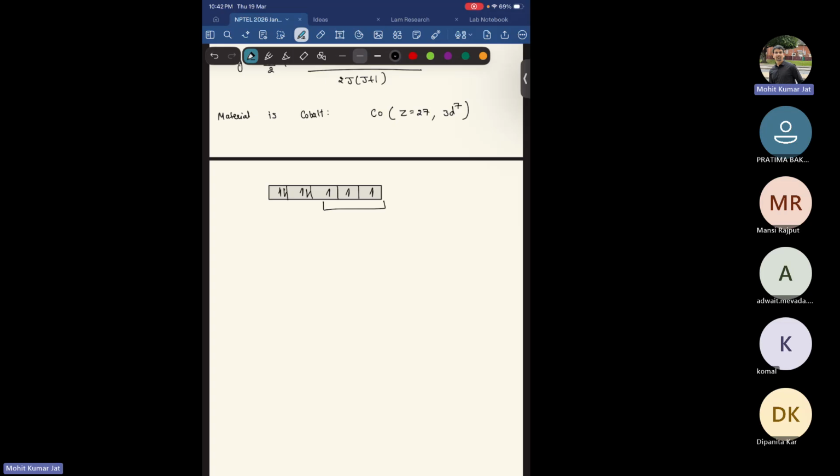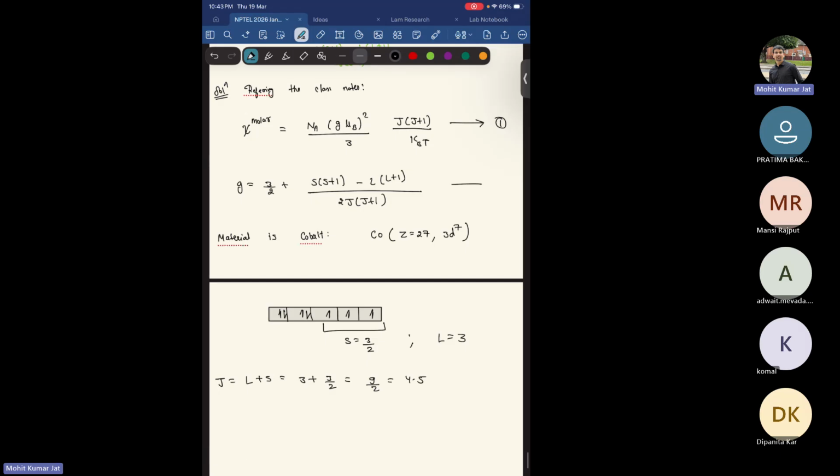For each spin it will be a half, so this S will be 3/2, and for the d orbital L equals 3, that gives us J equals L plus S, which is 3 plus 3/2, which turns out to be 9/2, equals 4.5. Let me label this as equation number 2 and this as equation number 3.